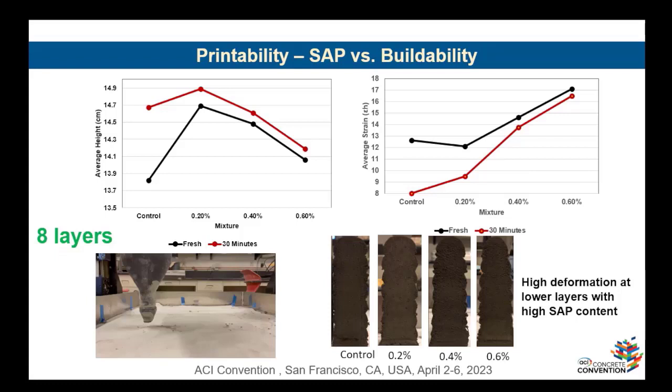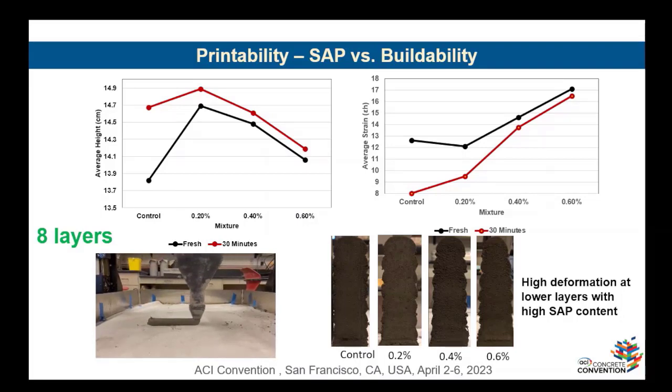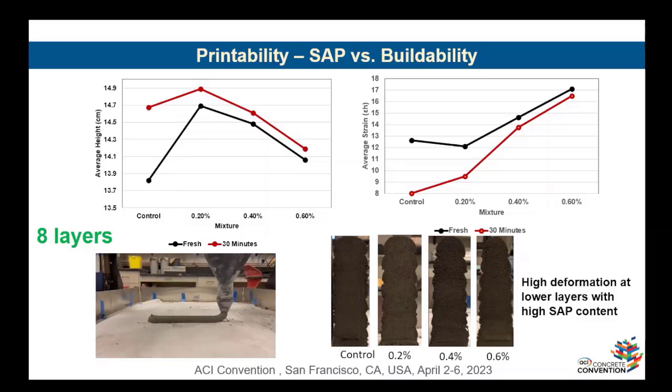And the other problem that you see is in the process of printing. We just used a small sample, like 8 layers and 10 inches in length, and we realized that there was an issue.